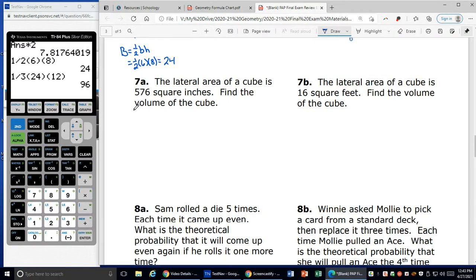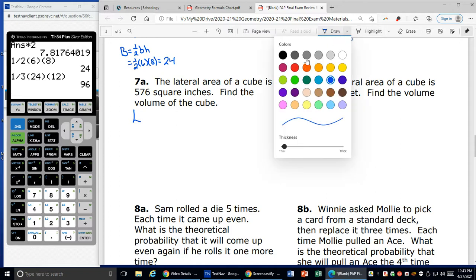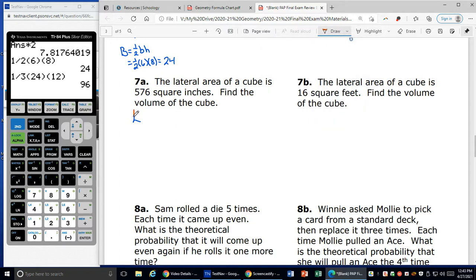The lateral area is the perimeter of the base times the height. Now, if I'm looking at a cube, the base is a square.